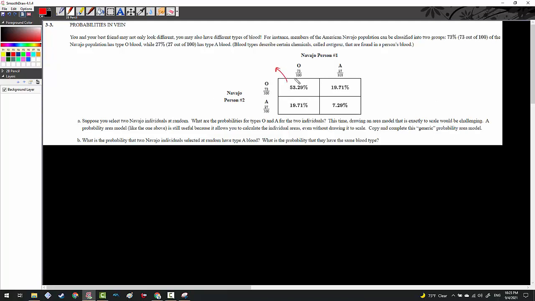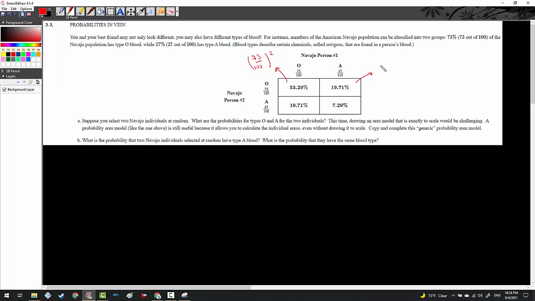This number here, the probability of Navajo person 1 having an O blood type is 73 over 100, and that intersects the notion of Navajo person 2 having a blood type of 73 over 100, or type O. The way we get this area is the base times the height, or 73 over 100 squared. Some people might call it 73 over 100 times 73 over 100. It's the same thing.